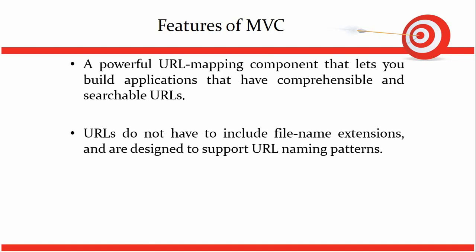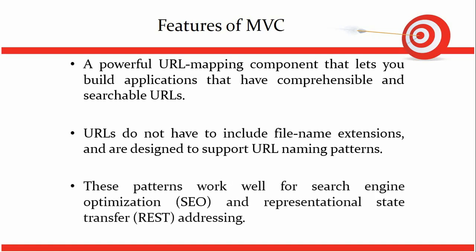There is a file which tells you which file to access. If you call this pattern in the URL, which file should actually be called? How do you pass parameters to that particular thing? All those things are done already in Django. If you remember the project structure there, this will be easier here because the idea is still the same. Only the technology is different. That's all. So they support URL naming patterns, and these patterns work well for search engine optimization and REST addressing.